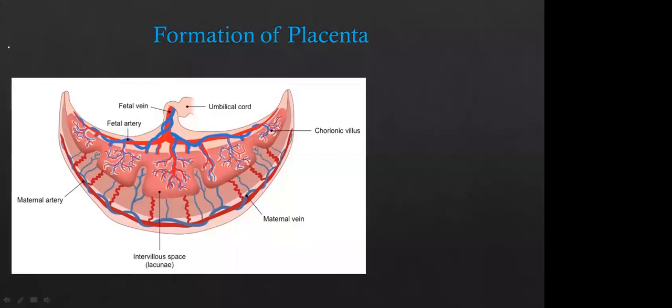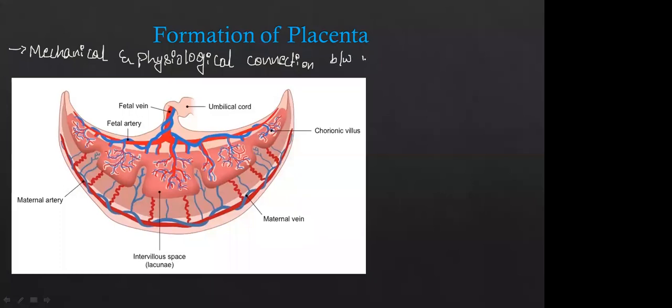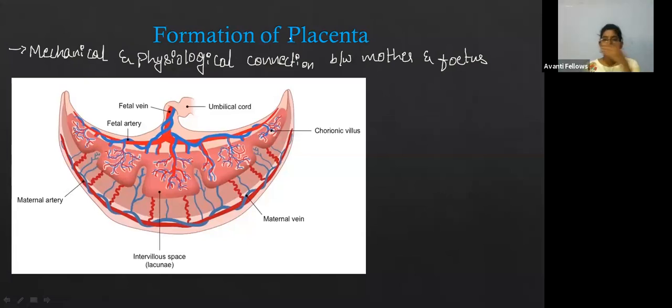It is a mechanical and physiological connection between the maternal body and the fetus, or between the mother and the fetus. This is what we call the placenta. But how exactly is the placenta made up?